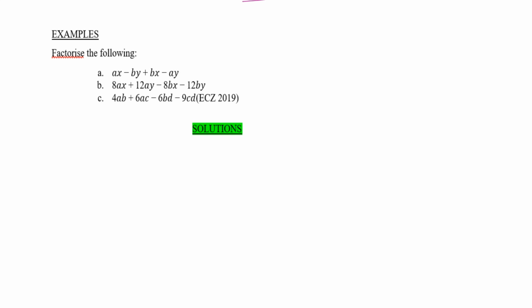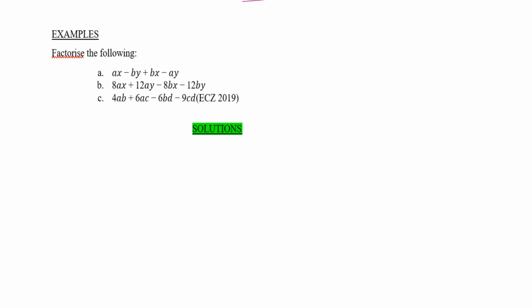Then the last question is 4ab plus 6ac minus 6bd minus 9cd, gotten from ECZ paper 2019. Also this part comes in paper 1, or it can be brought in paper 1.